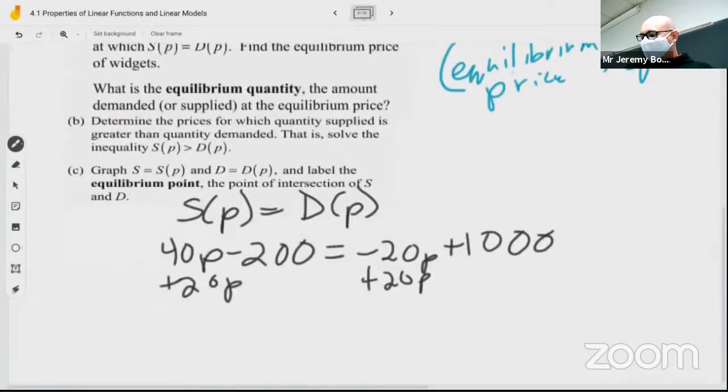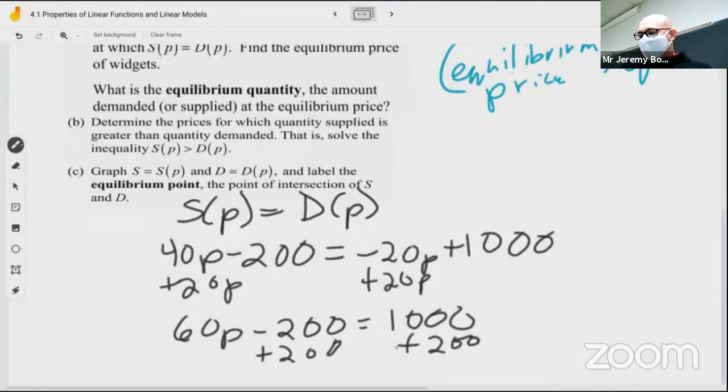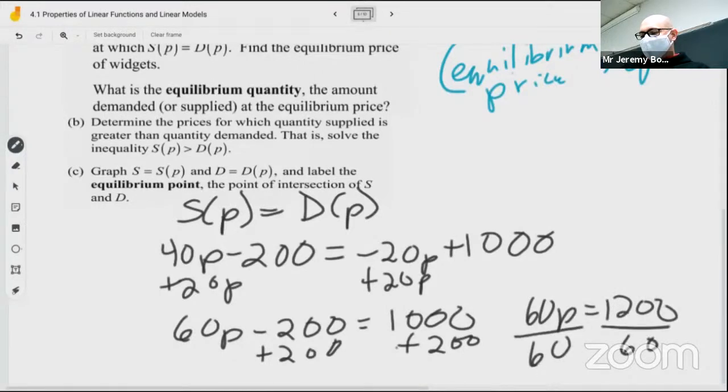We'll have 60P minus 200 is equal to 1,000. And we'll add 200 to both sides, so we'll have 60P is equal to 1,200. Divide by 60, and P would equal what? 20.